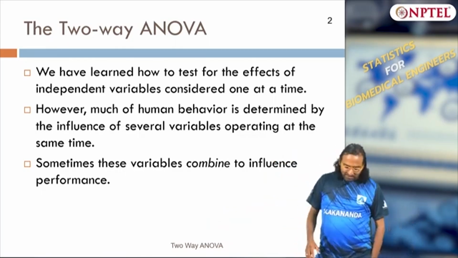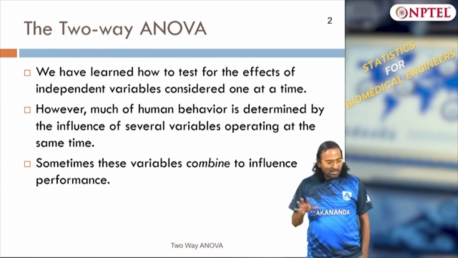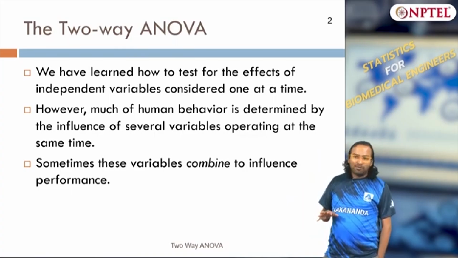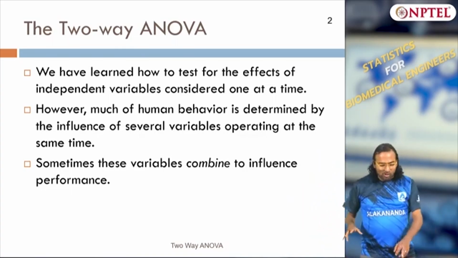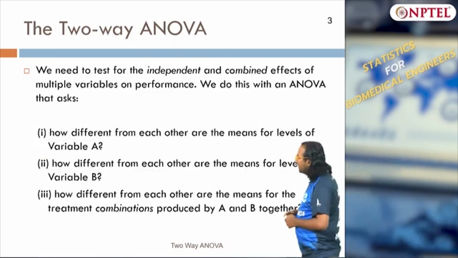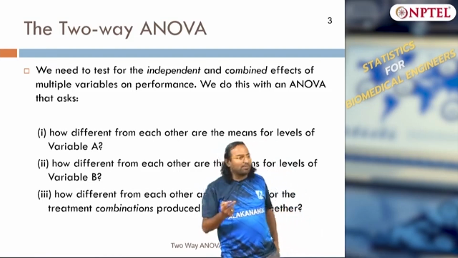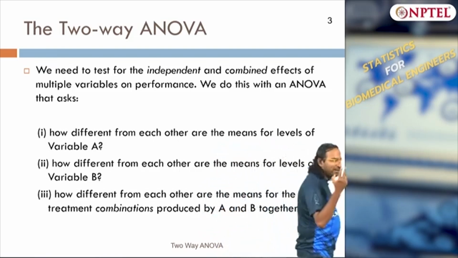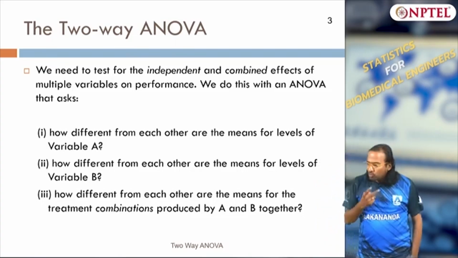However, there are influence of several variables operating and they are all combined to influence the performance, okay. Factors combined to influence their performance. So interaction is something that cannot be neglected, even if you talk about two factors. So we are talking about two-way ANOVA, so we are simply needing two factors instead of one. Now we are doing two factors.